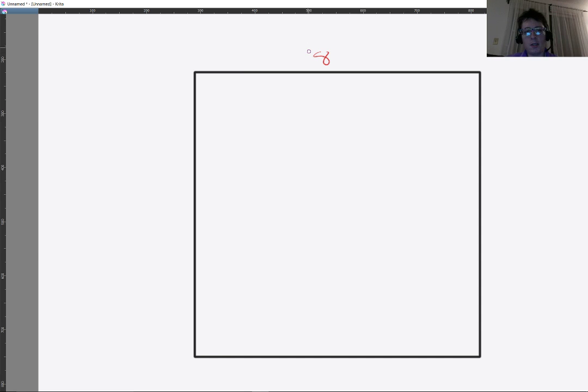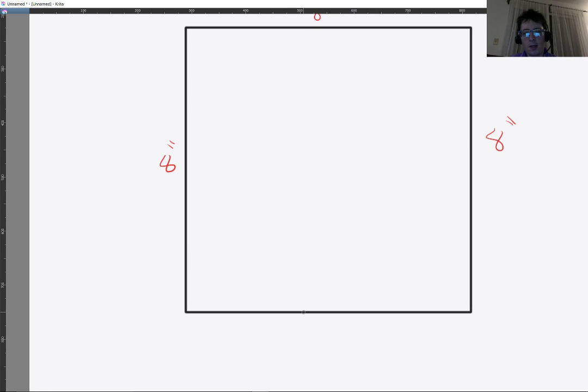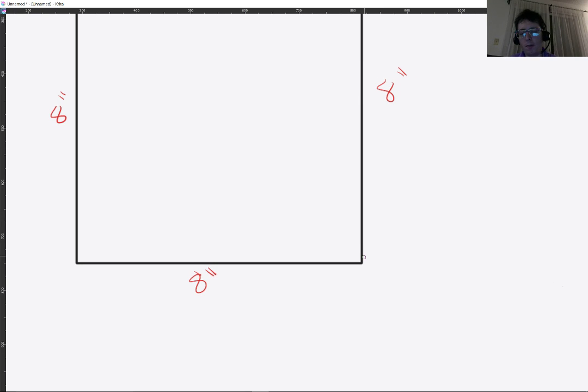So we have sides that are 8, 8, 8, and 8. Another thing that distinguishes a square is that all four angles are going to be exactly 90 degrees.